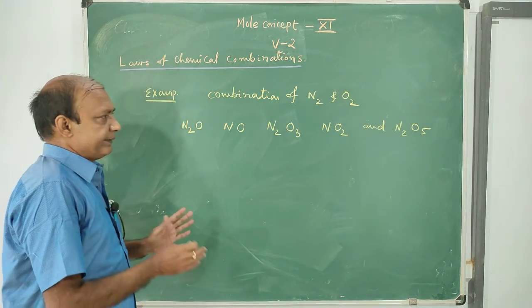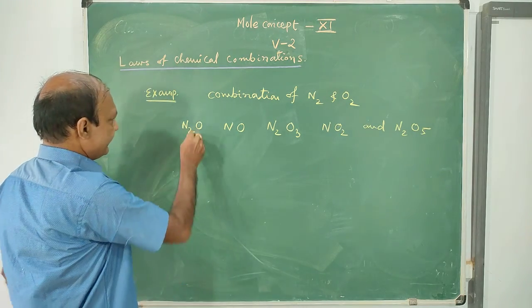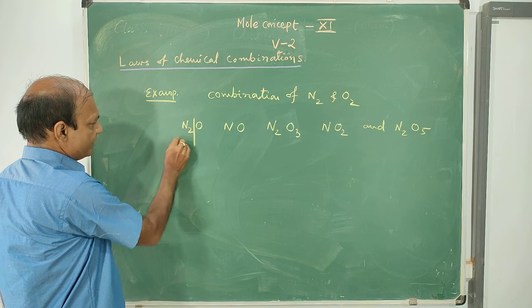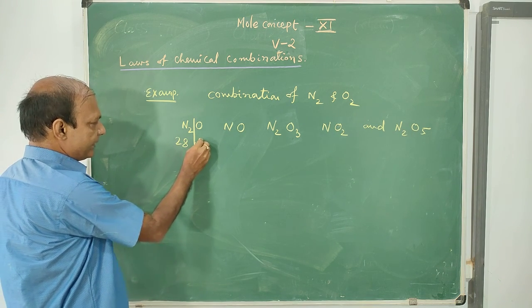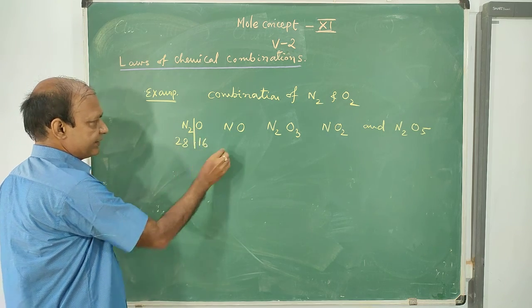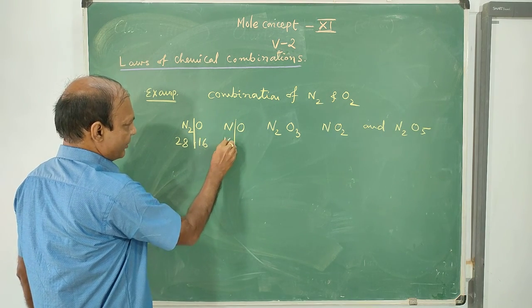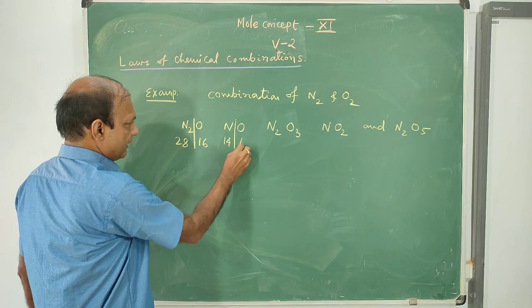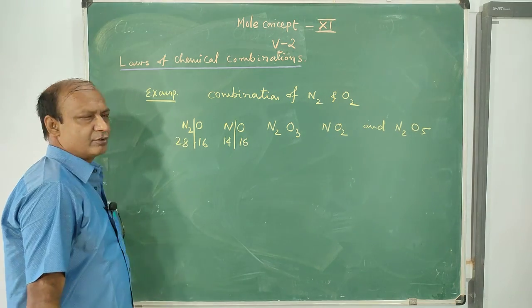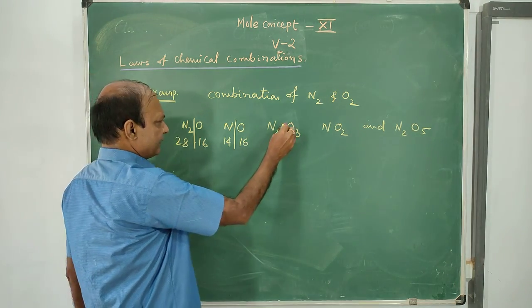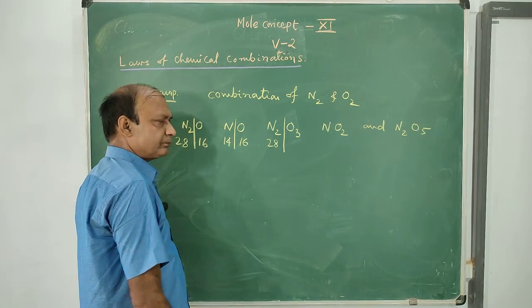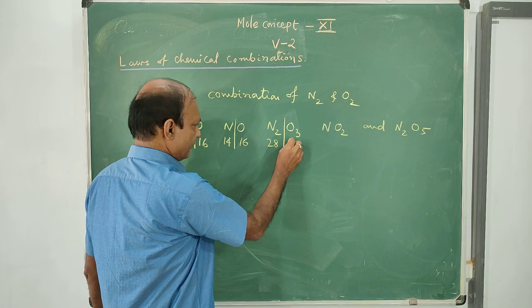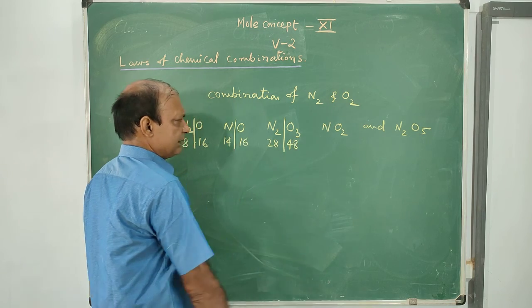Now see their parts. In the first case, 28 parts of nitrogen is in combination with 16 parts of oxygen. In the second case, 14 parts of nitrogen combines with 16 parts of oxygen. In the third case, 28 parts of nitrogen combines with 48 parts of oxygen.